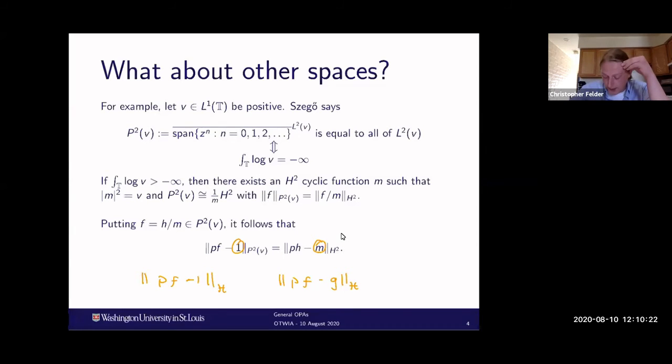So the thought is that if we can replace 1 by, say, G, which is cyclic but worse behaved in some way, this might illuminate some of the properties of F that contribute to it being cyclic or not cyclic. Okay, so that's more of a big picture, future work observation.